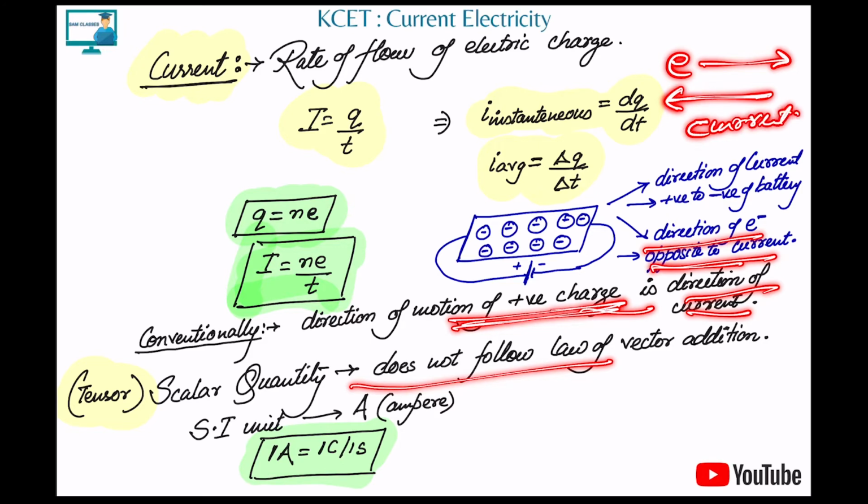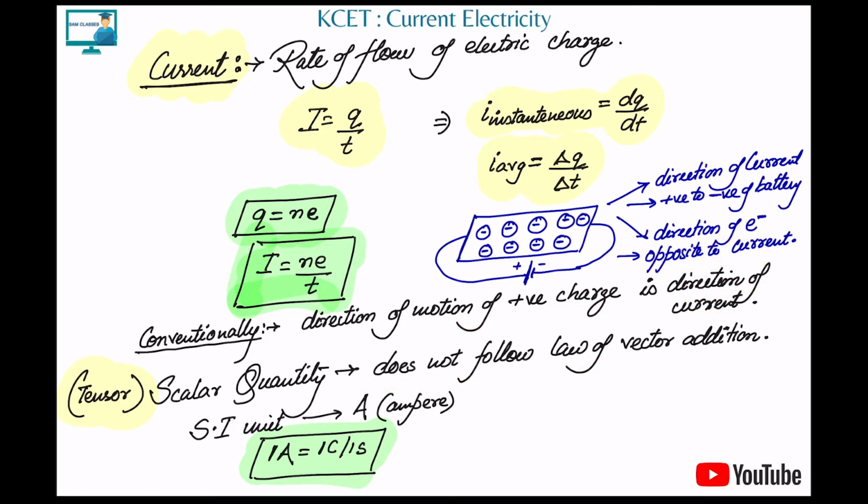But actually it is the flow of the electron that constitutes current. Still, people were superstitious: anything associated with positive is good, anything associated with negative is bad.